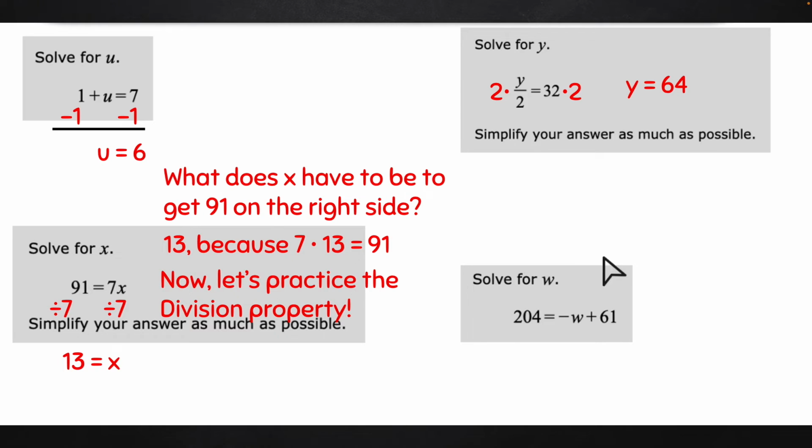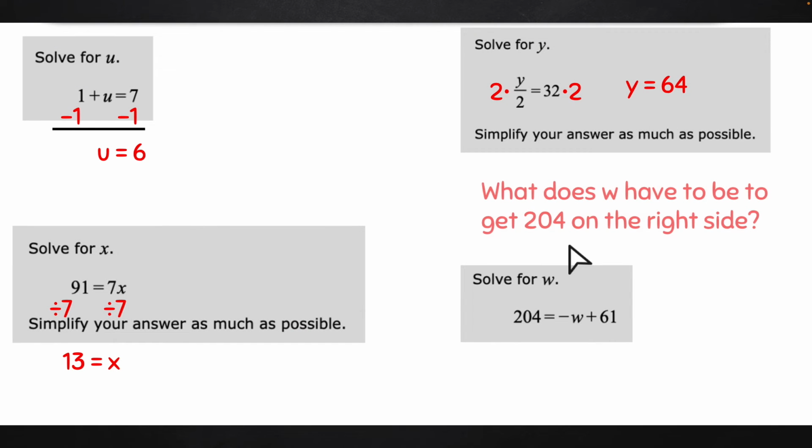So we have, what does w have to be to get 204 on the right side? So again, this one's a little different. This one's definitely a little harder to just picture, I guess, because I have 204 and I have negative w plus 61. Well, how do I get 204 if I have positive 61 and I have a negative number?